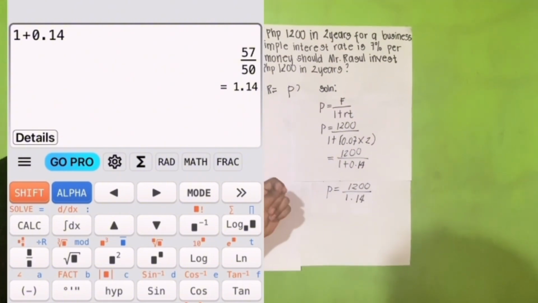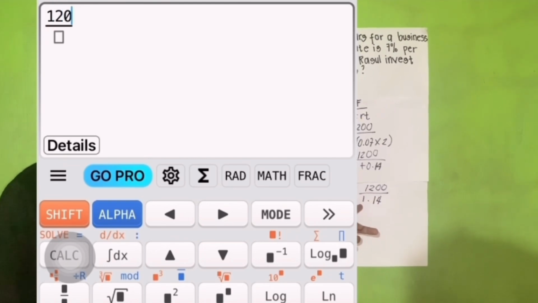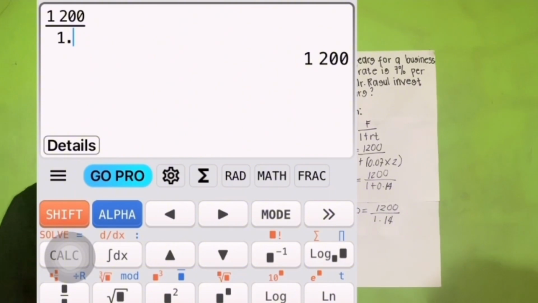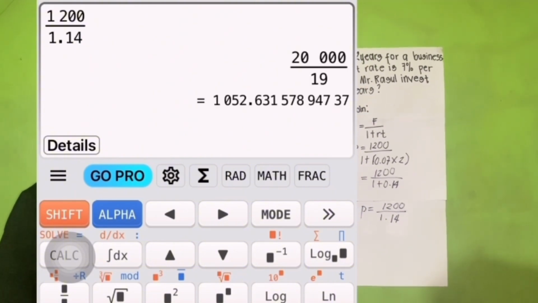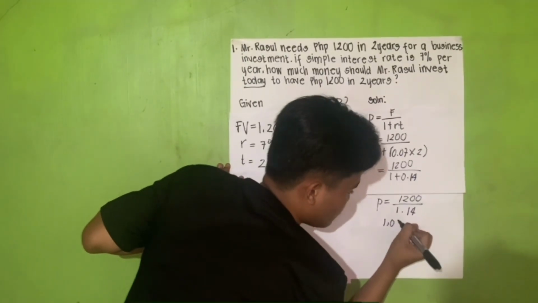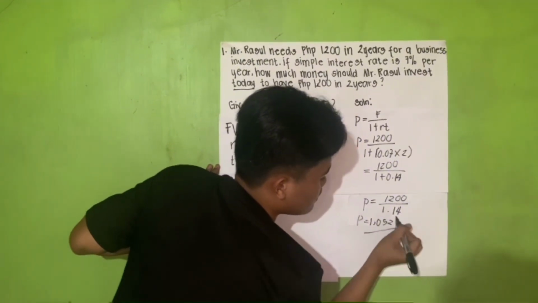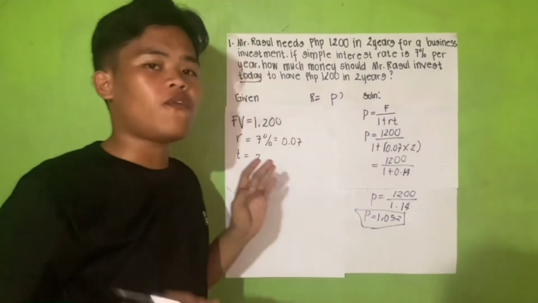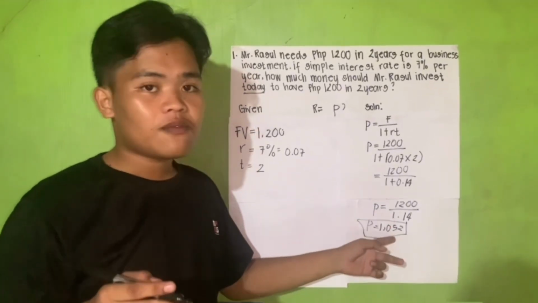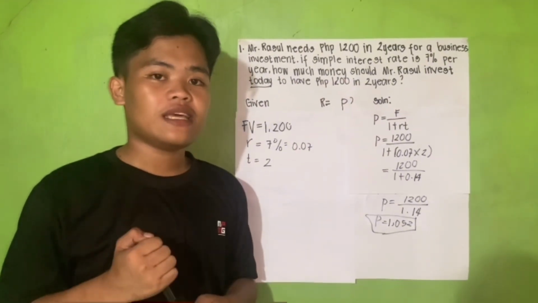Now let's divide this. 1,200 divided by 1.14 equals 1,052. So, this is our answer. Therefore, Mr. Rasul should invest 1,052 today to have 1,200 in 2 years.